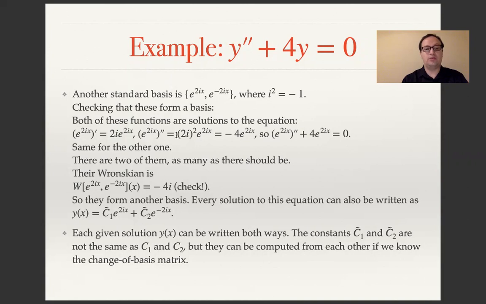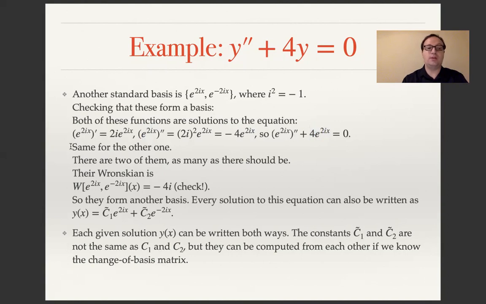So we get (2i) squared e to the 2ix. But (2i) squared is the same as 4 i squared, and i squared is minus 1. So we get minus 4 e to the 2ix. So it really is a solution of the equation, because the second derivative of e to the 2ix plus 4 e to the 2ix is equal to 0.